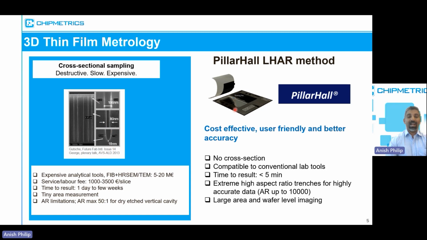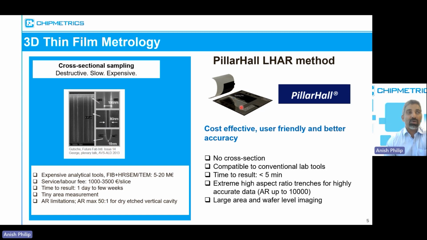So we provide these lateral high aspect ratio test structures. The main thing is, here the aspect ratio was very low, but here we can have an aspect ratio even around 10,000. That is more than enough for any process. And this is a very easy way to use, very simple.